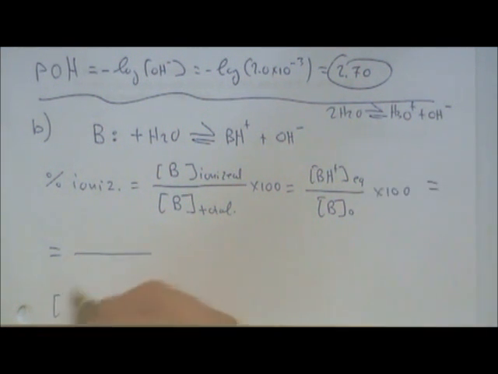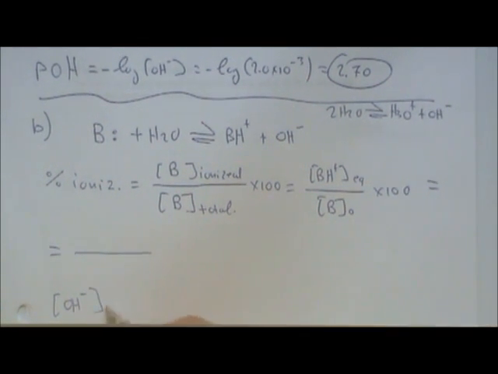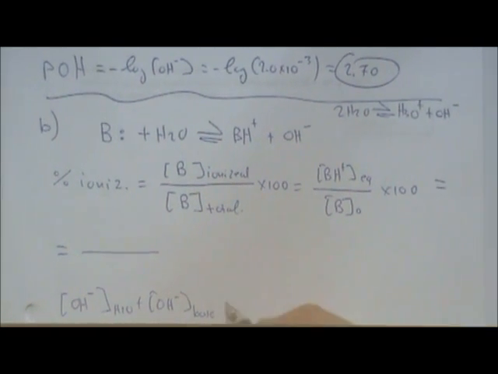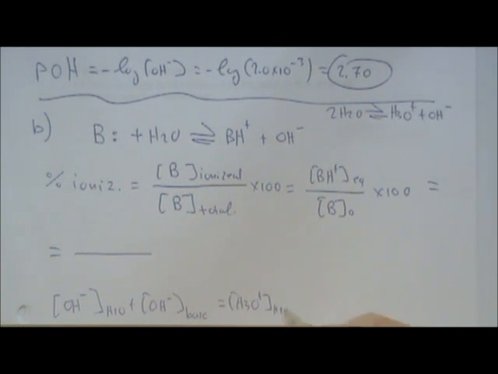This one and that one should be equal to the concentration of H3O plus, of course from water. We don't need to say it, but for the sake of making things clear, because there's only one source of hydrogen ion, plus the concentration of BH plus. Now, look at this, because like the teacher said, most books will not tell you why. You just make it equal. Why is it equal?